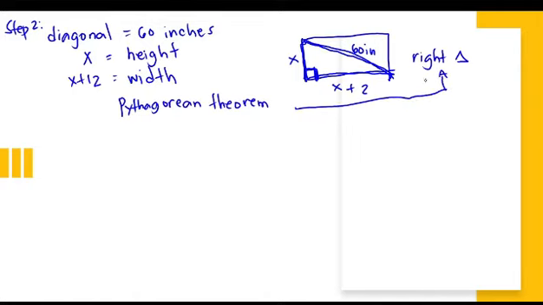So we formulate an equation using this since Pythagorean theorem is represented as the sum of the square of the two legs. Ito yung legs natin eh. Yung x and x plus 12 is equal to the square of the hypotenuse.